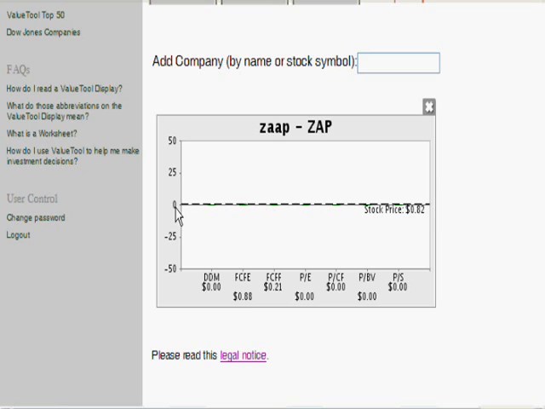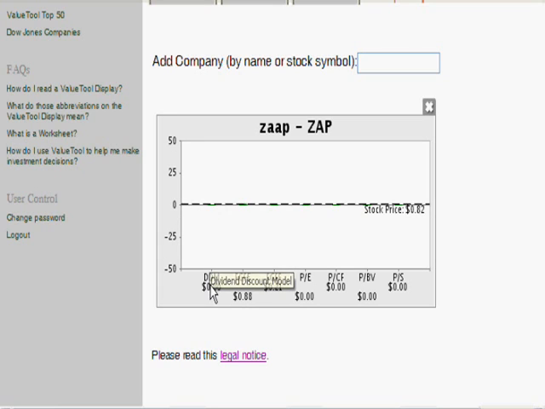Basically, it's not overvalued, it's not undervalued. The stock price is reflective of its true value. So at this point, there's not much to look at. It's not undervalued, it's not overvalued. It doesn't necessarily represent a good buy.